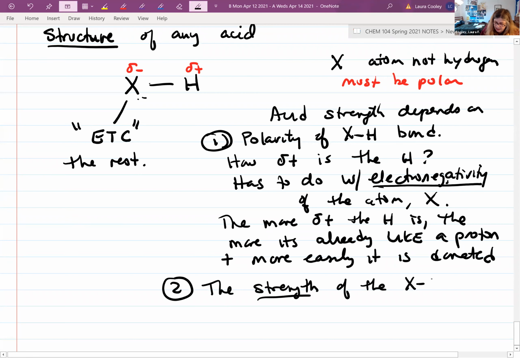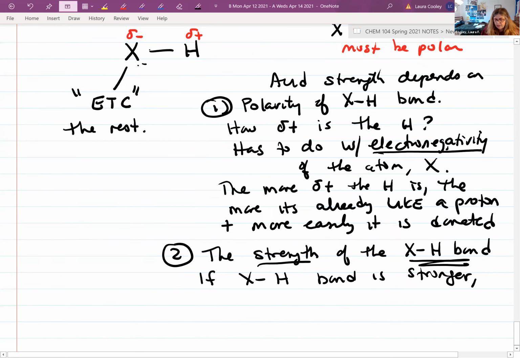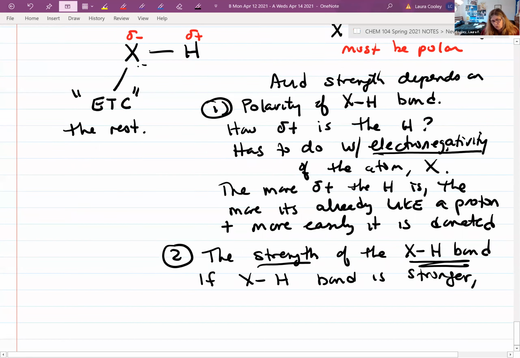So what do you think about that? If this bond is stronger, what do you think? Do you think that that H will be held more or held less? If it's a strong bond, that means that those two are more attracted to each other.